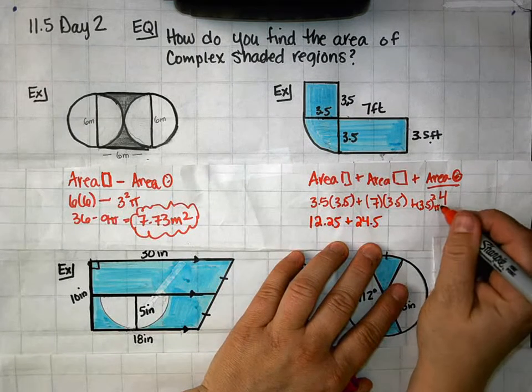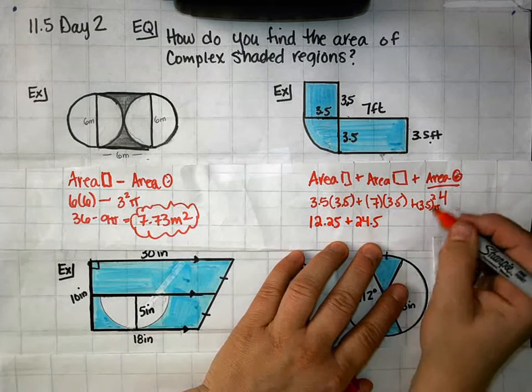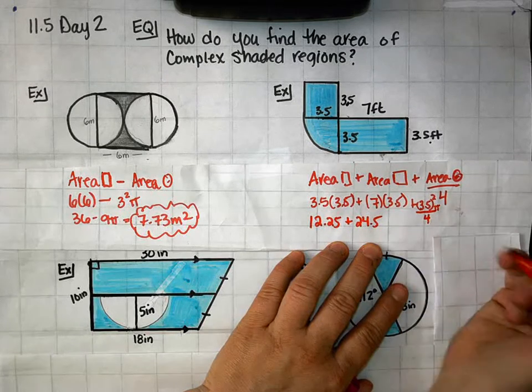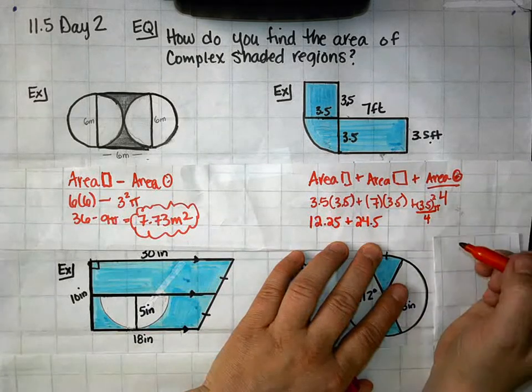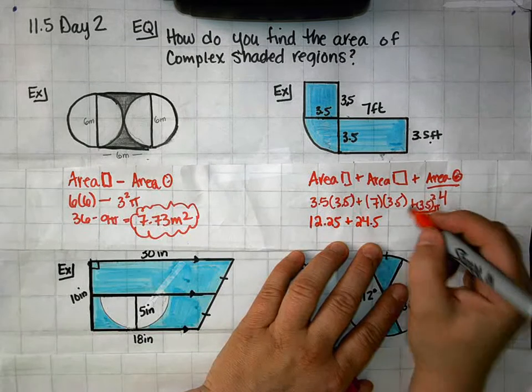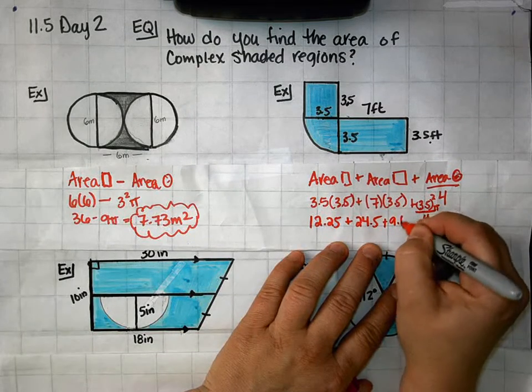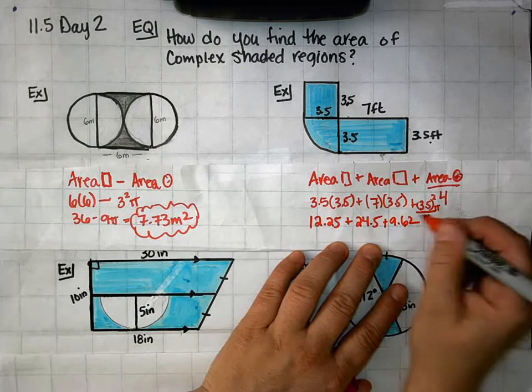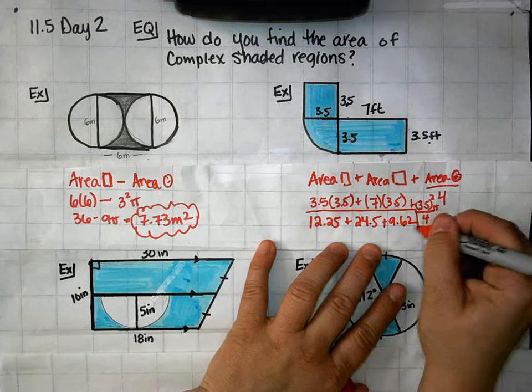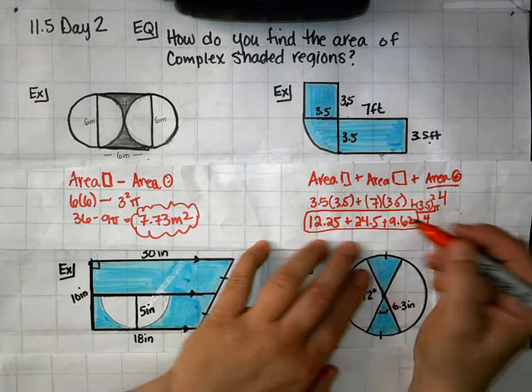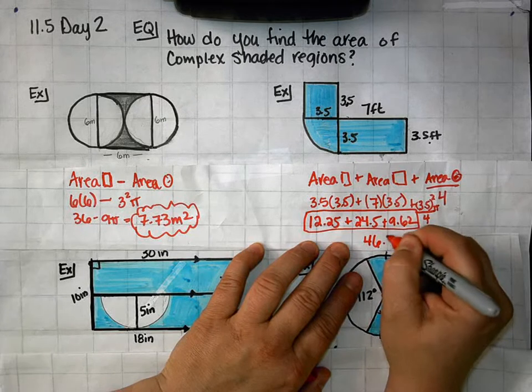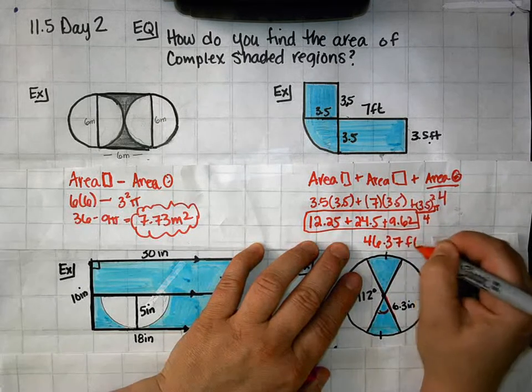And 3.5 squared times pi, and I cannot forget to divide this by 4 because we only want 1/4 of that circle, happens to be 9.62. When I add all of these values together, it happens to be 46.37 feet squared.